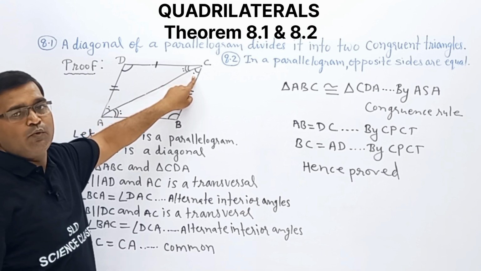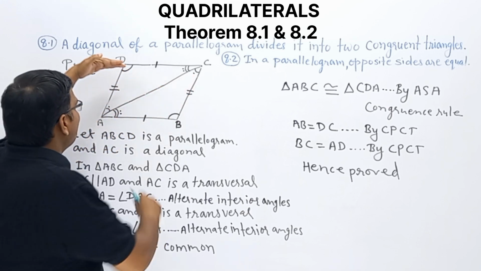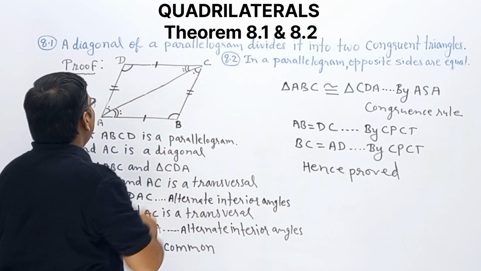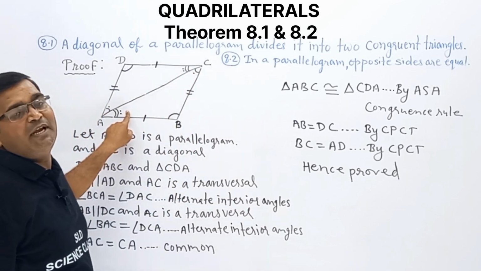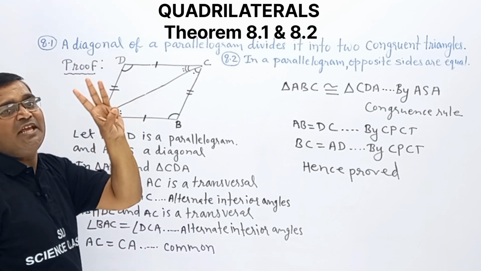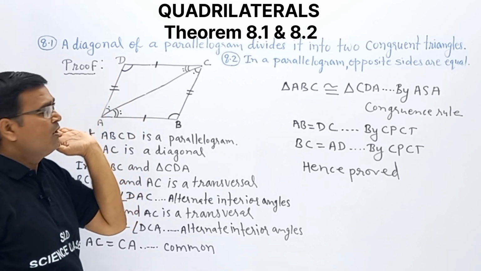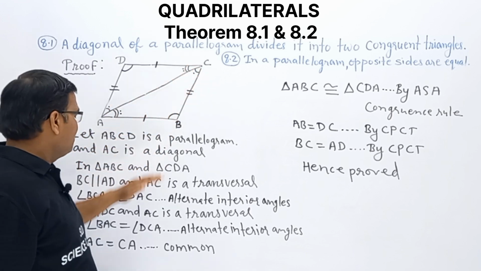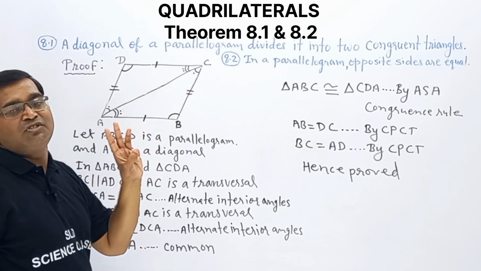One angle we equate. Once we take these two parallel lines and this transversal, then this angle will be equal to this one. We equate the second angle. Clear? Three things are required for congruence. This AC is common in both. So we proved all three things.